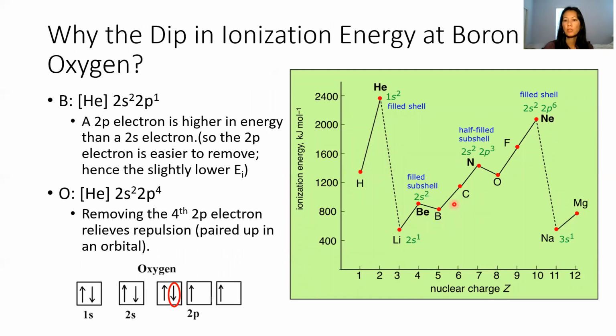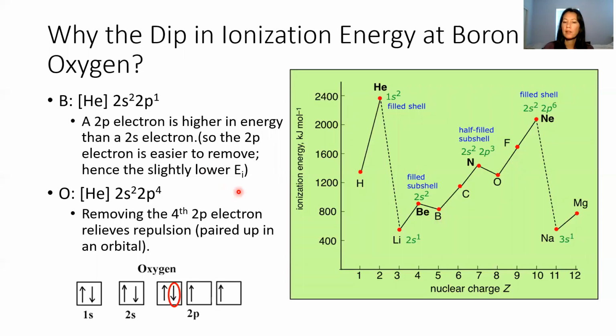So this is the same chart. Here, I'm just showing it should be increasing steadily as you go up, but we see this dip at boron. I'd like you guys to just pause and take a minute and think about why that might be, and look at the electron configuration. Don't look at my answers right now.